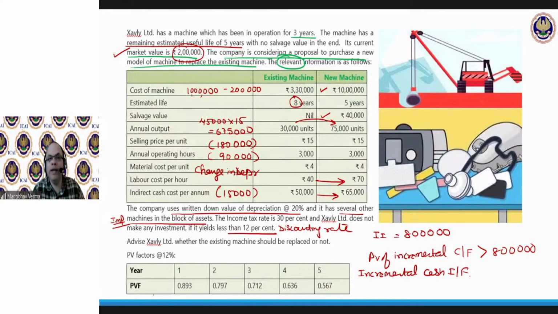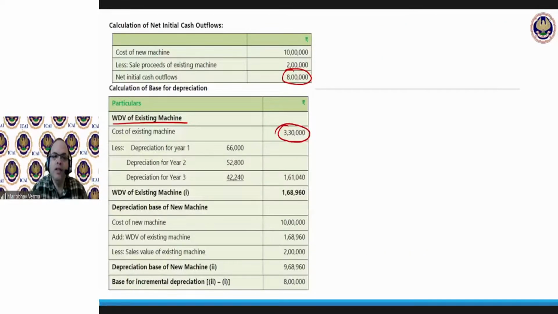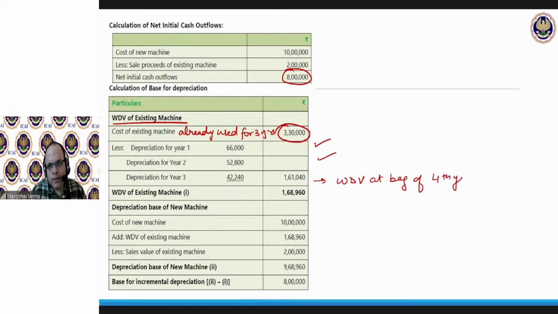And mind you, the depreciation is on written down value, so that's what can make it complicated. This is the written down value method, guys. So 3,30,000 is already used for 3 years. We are calculating the depreciation for the first year, second year, and hence we need to calculate the WDV at the beginning of the fourth year.